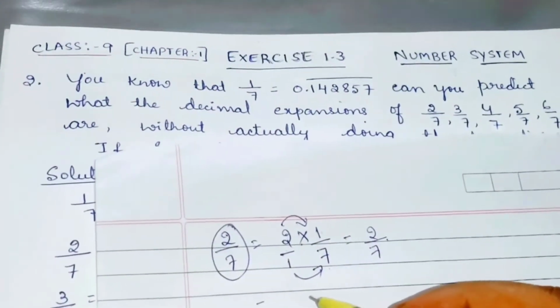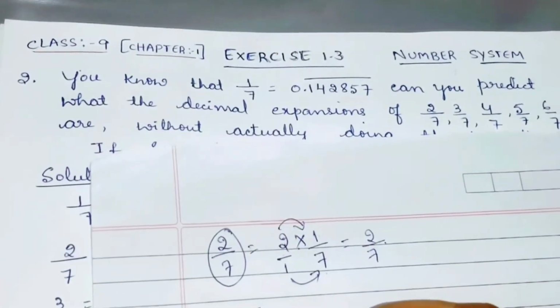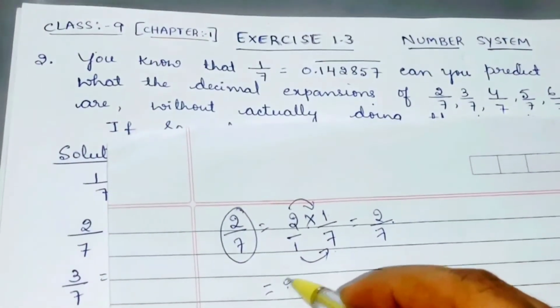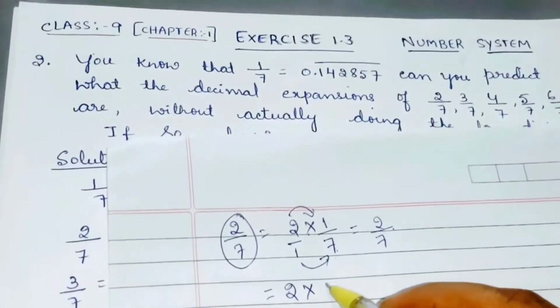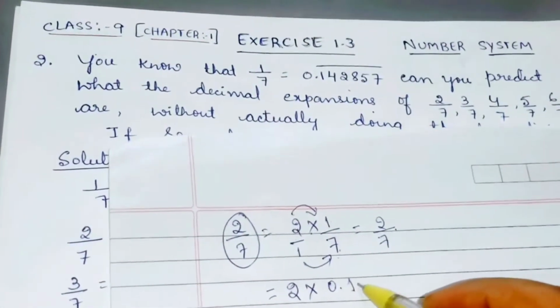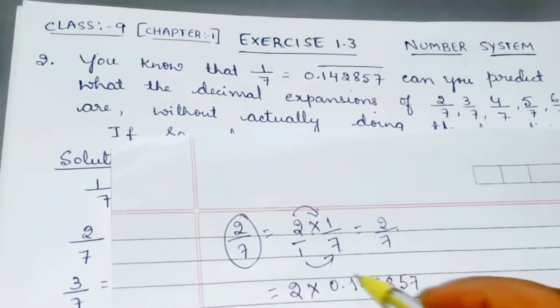Already you know the value of 1 by 7. It's already given. Now, what you have to do? Write 2 as it is into the value of 1 by 7, which is 0.142857 bar.